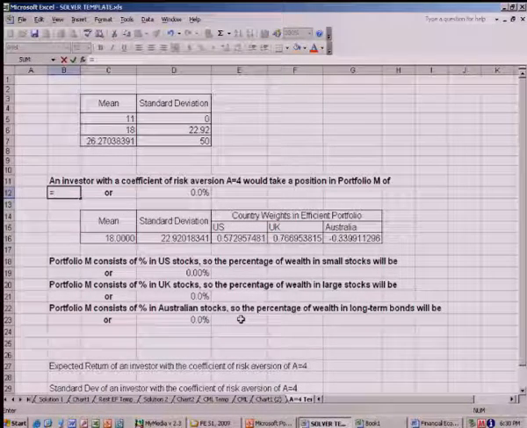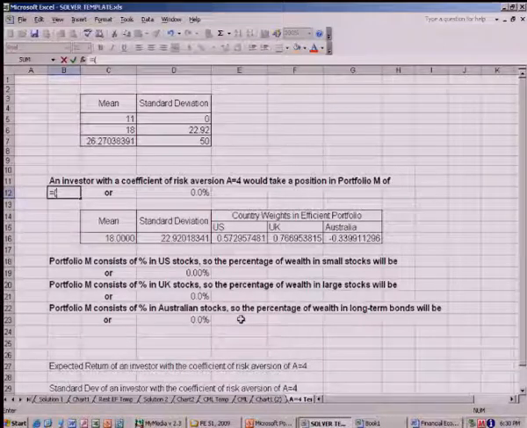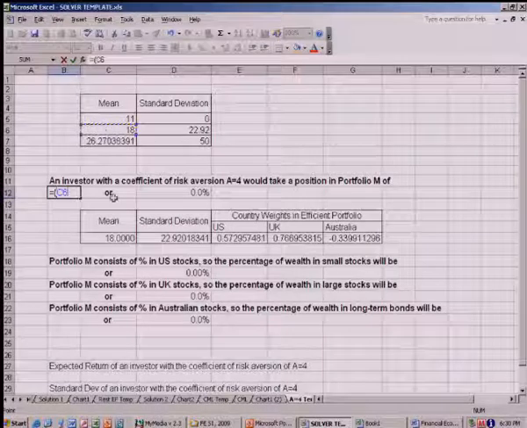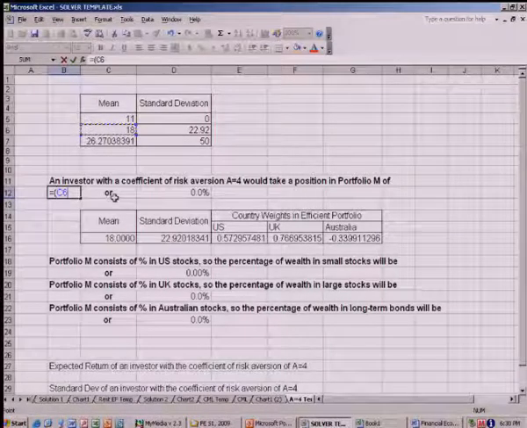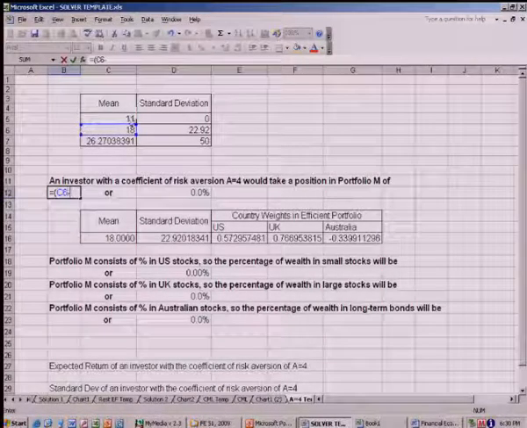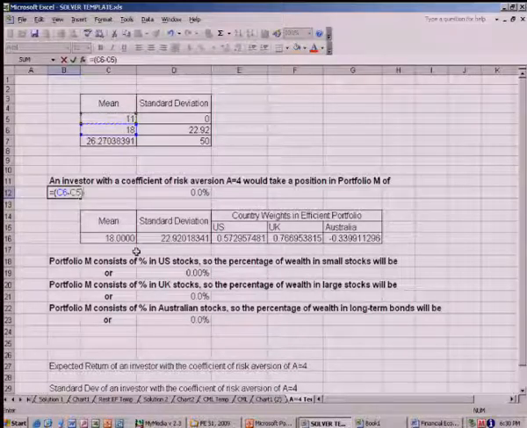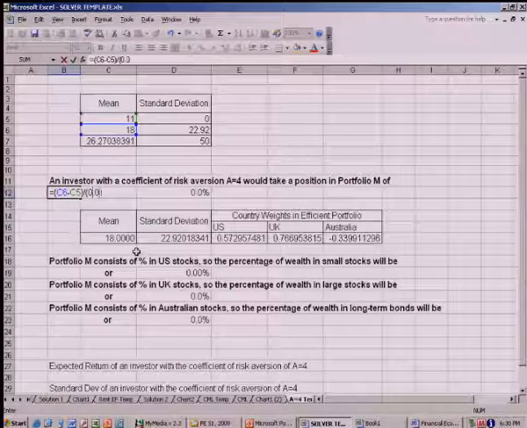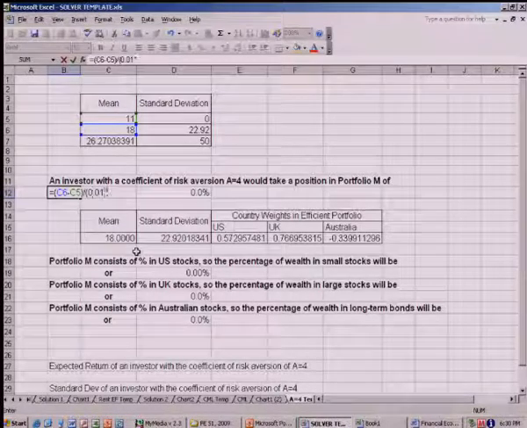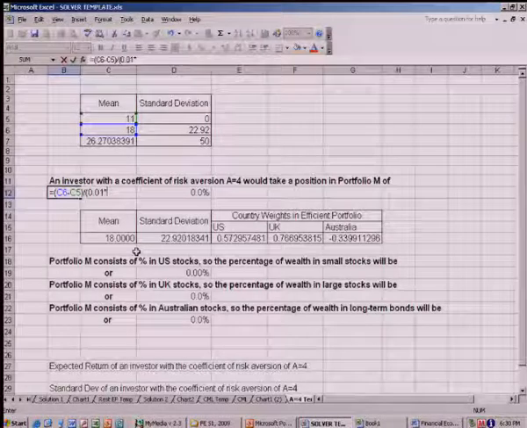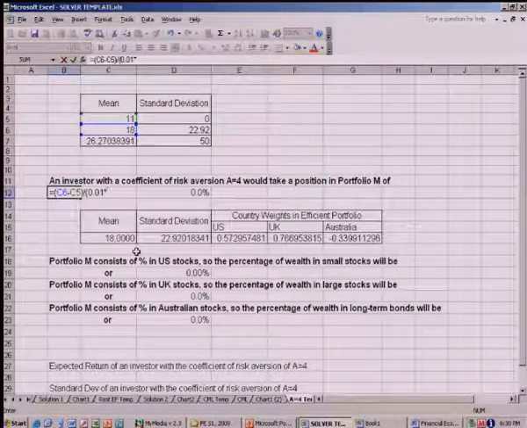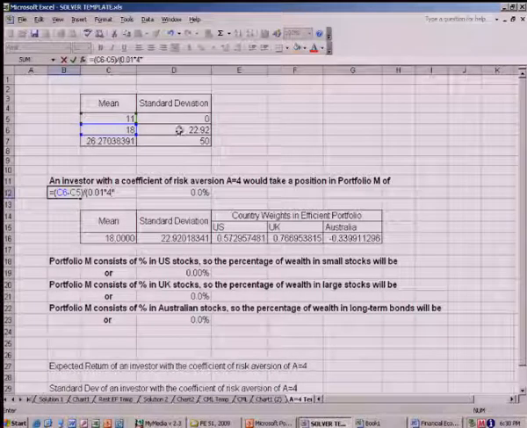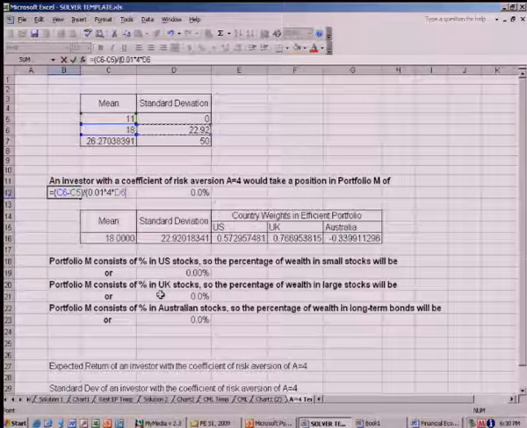I would enter the sign equal, enter the brackets, and then we said you expect a portfolio expected return of 18% minus the risk-free rate of return of 11%, which was given to us, divided by, open the brackets, 0.01, the scaling factor, times the coefficient of risk aversion, which was given to us as 4, and times the standard deviation of the portfolio.